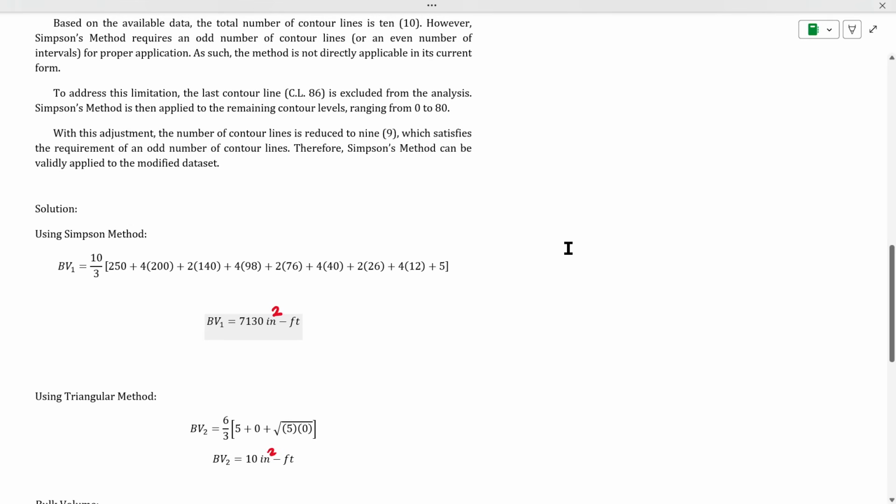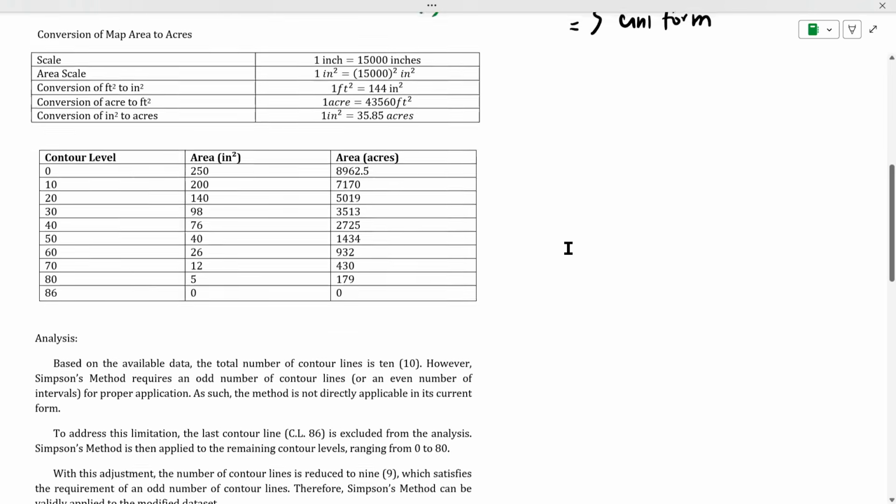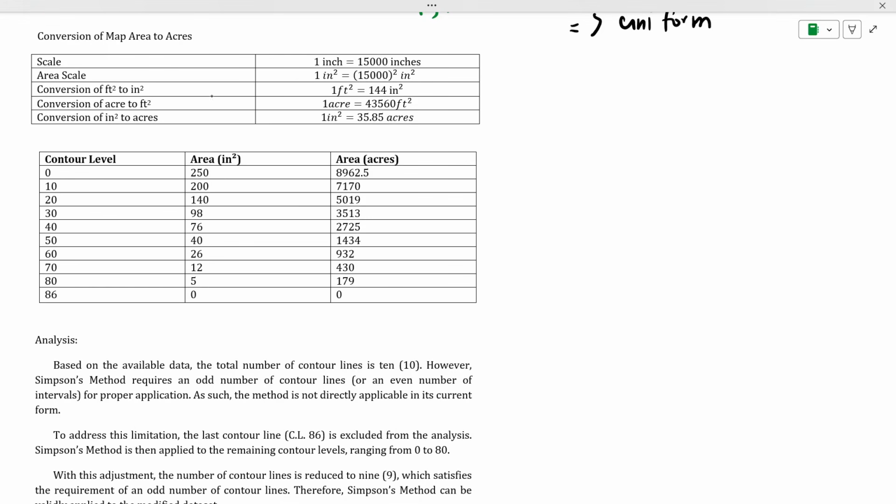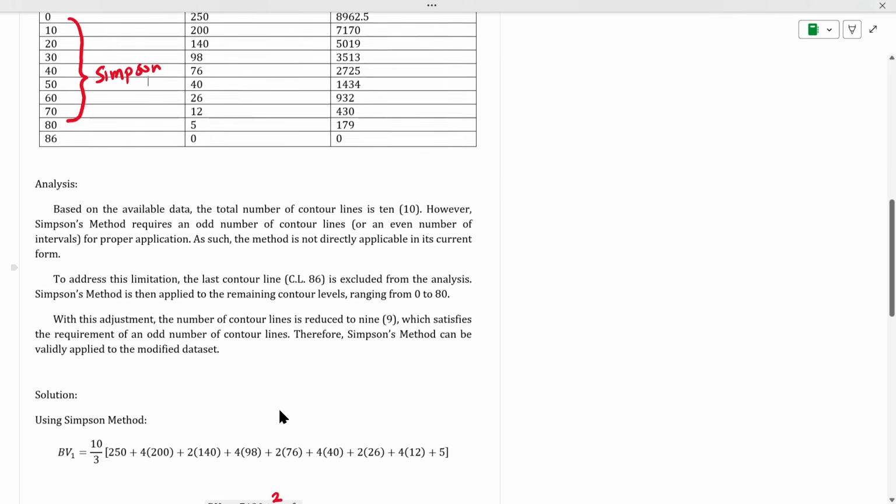So here are the solutions. If we use the Simpson method, as I mentioned earlier, the given contour levels 0 to 80 will be used.